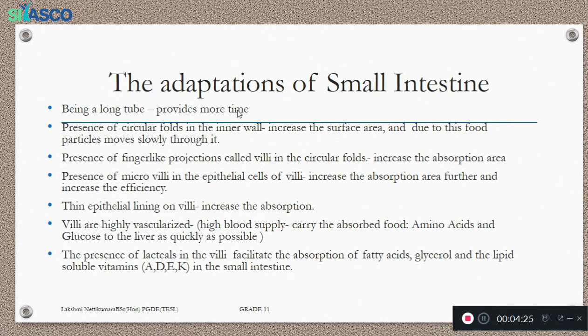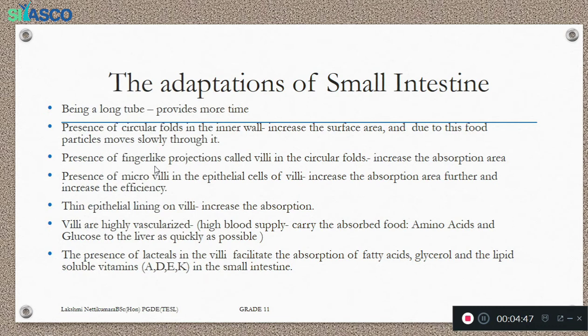The digested food gets absorbed. And there are circular folds in the inner wall. This increases the surface area, and due to this, food particles move slowly through it.